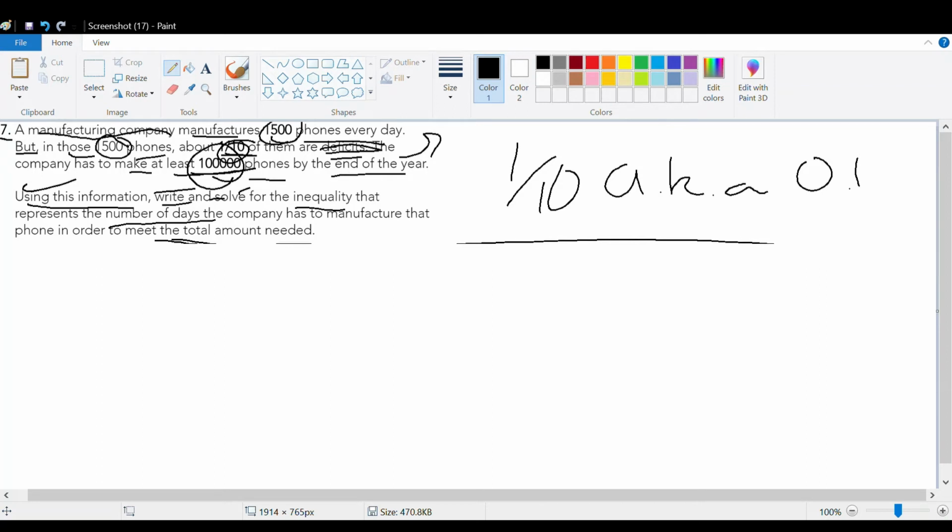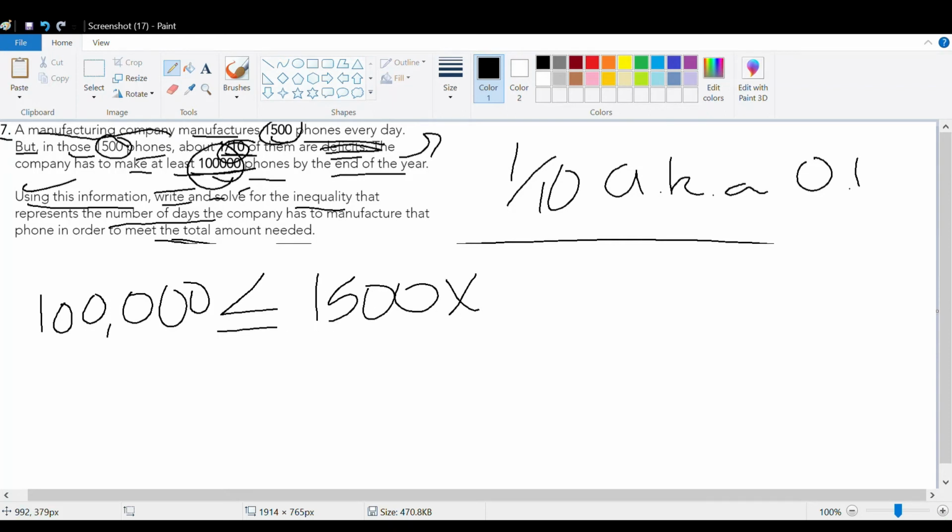So if we write 100,000 must be less than or equal to the amount that they're making, which is 1,500x minus, because we can't include deficits, 1,500 times 0.1x.